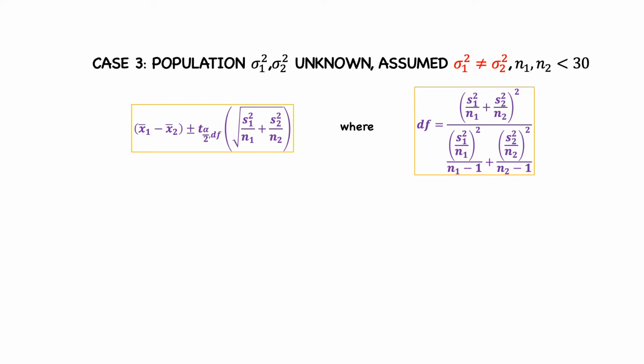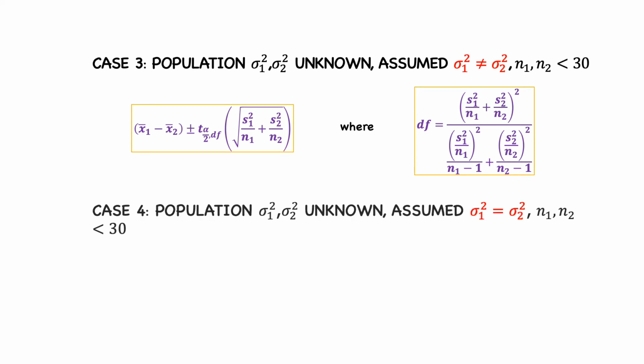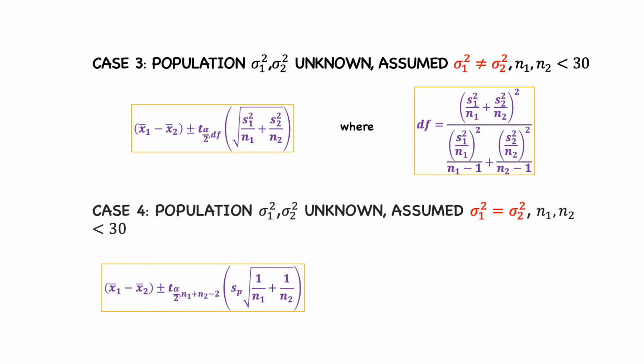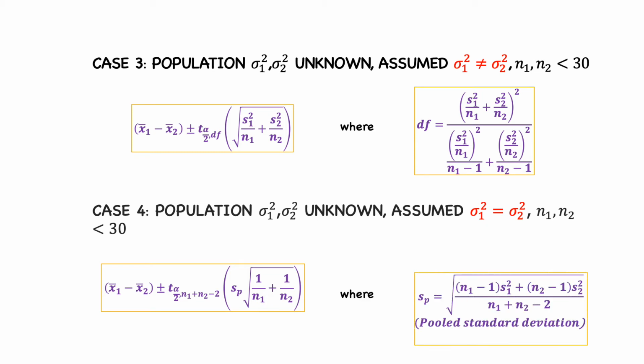Then case number 4: population variances are unknown, but we assume the variances are equal. Again, the sample size here is less than 30. The formula is x bar 1 minus x bar 2 plus minus t alpha over 2, degrees of freedom n1 plus n2 minus 2, times sp times the square root of 1 over n1 plus 1 over n2, where sp means the pooled standard deviation.